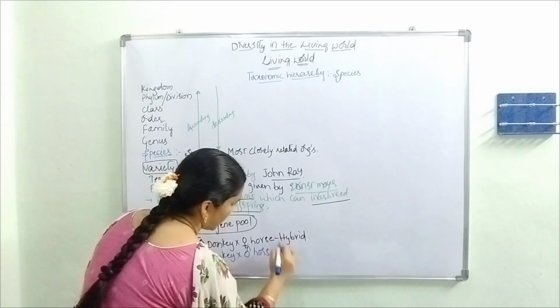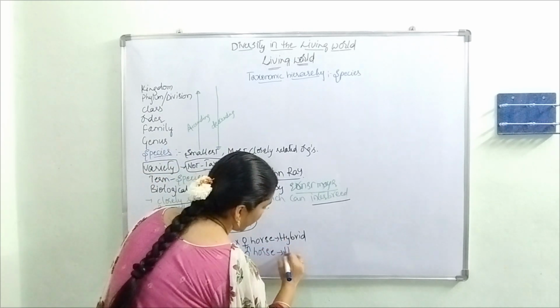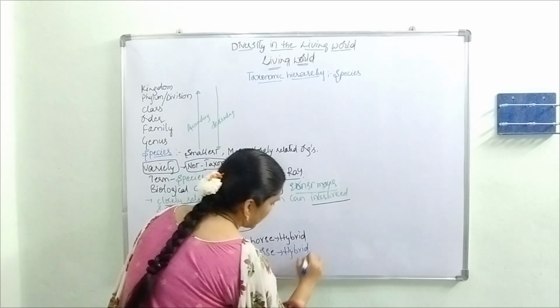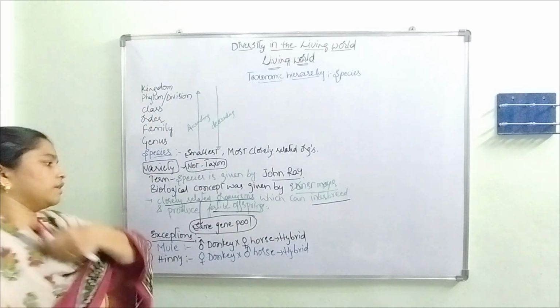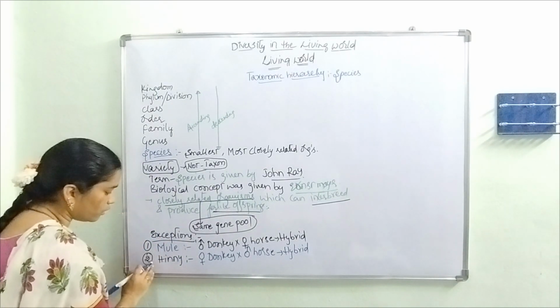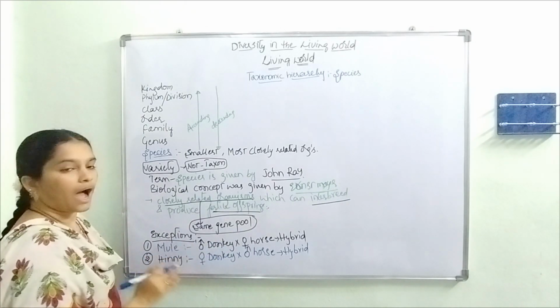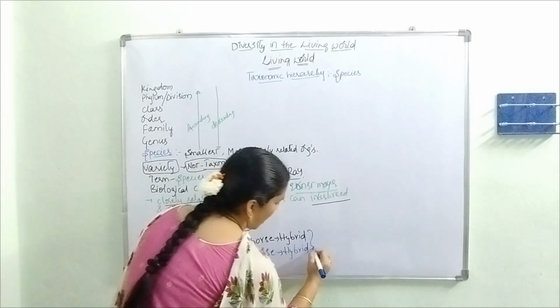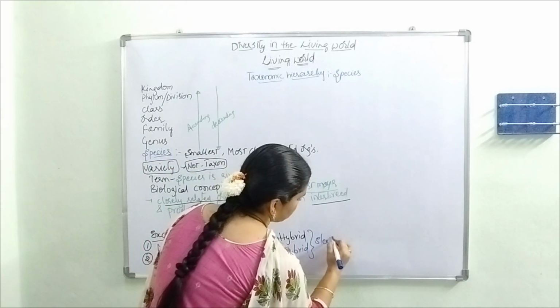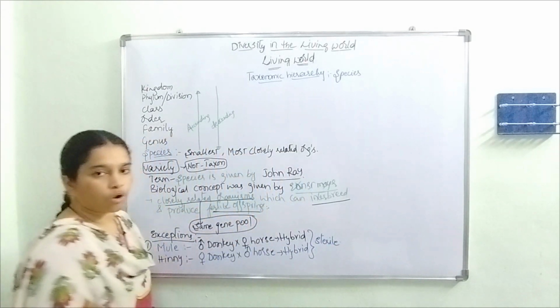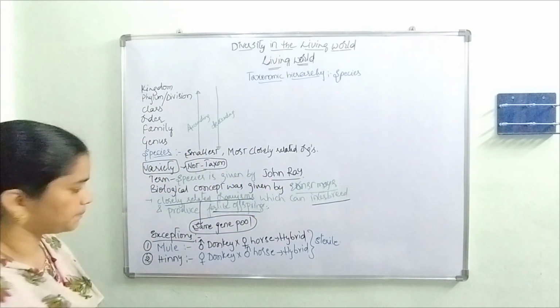It is also a hybrid. Both mule and hinny are hybrids. Are they fertile? No, they are sterile, meaning they cannot reproduce offsprings.